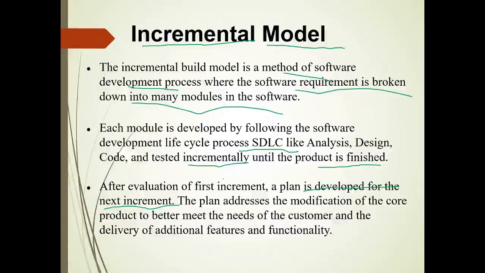For each increment you apply analysis, design, code and test, and after that you plan for the next steps. The plan addresses the modification of the core product to better meet the needs of the customer and the delivery of additional features and functionality. You keep on repeating these increments until you reach the final product.